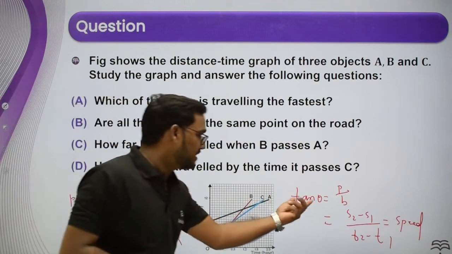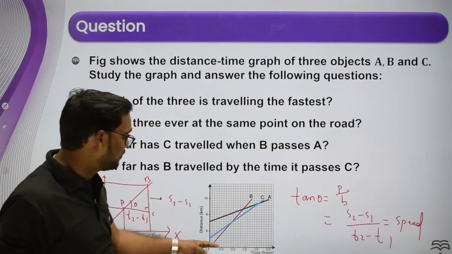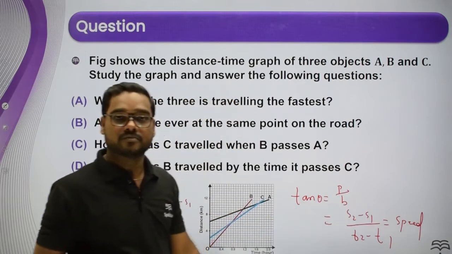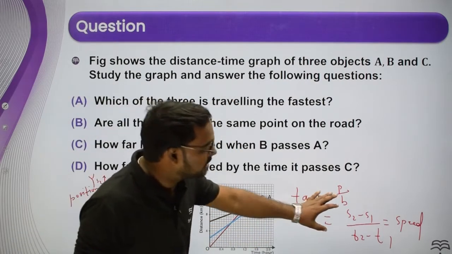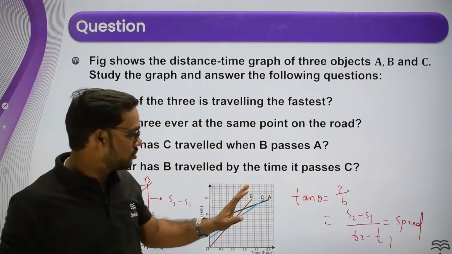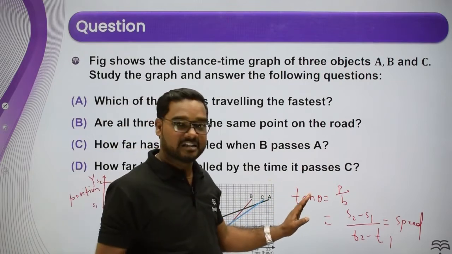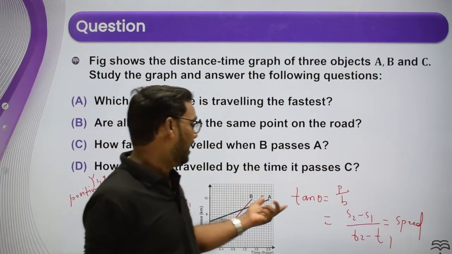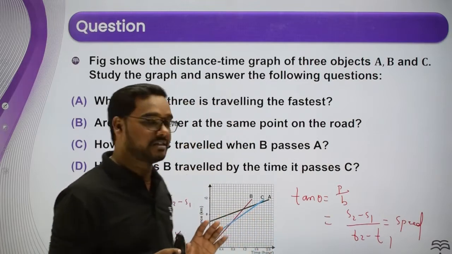If you have tan theta from the position-time graph, or the distance-time graph, you will get the speed or velocity. This is a very simple method. I am just discussing that method now, that's why you may feel there is some difficulty level, but actually this is very simple.